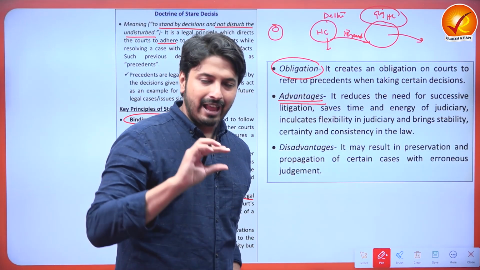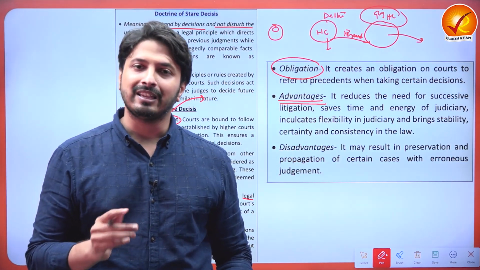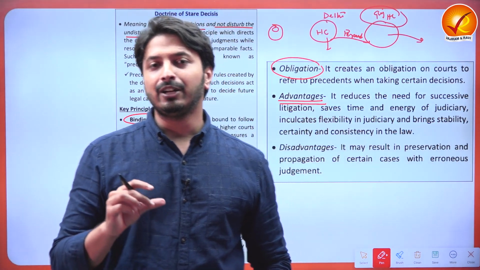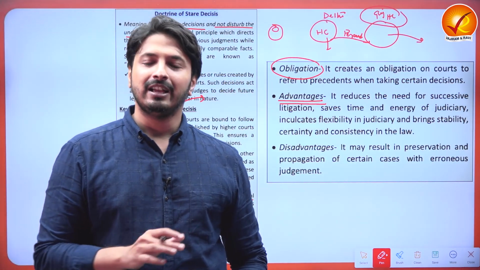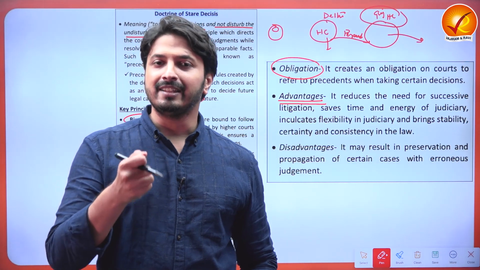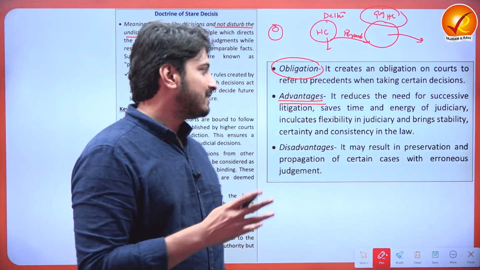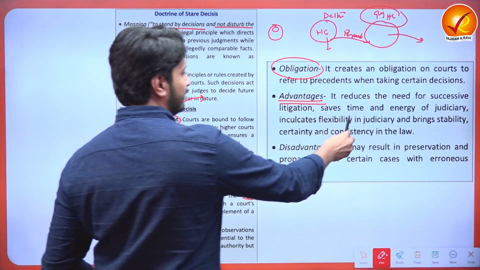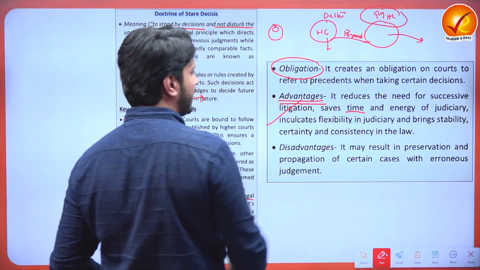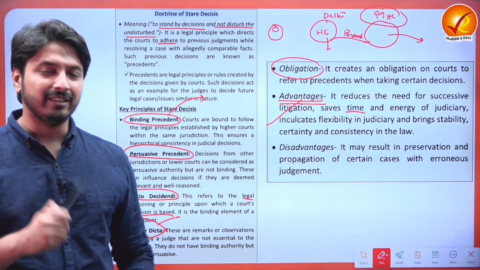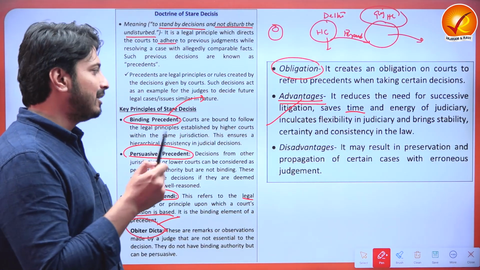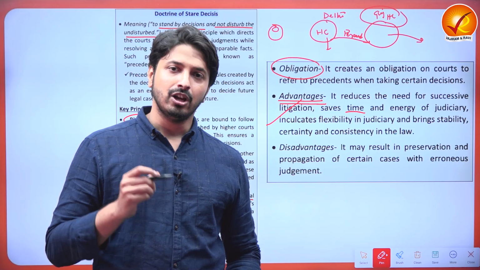Since every court in our country is following the same legal principles, it will lead to homogenization of the processes. It will reduce incidences of redundant litigation. Such things will save the time and energy of the judiciary, inculcate flexibility in the judiciary, and bring stability, certainty and consistency to the law.